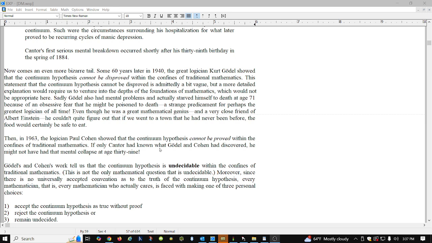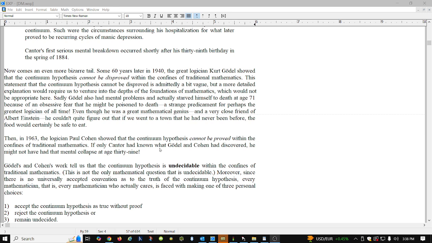The thing is, there's no universally accepted convention as to the truth of the continuum hypothesis. It's not like the mathematical community has gotten together and more or less uniformly decided that it should be true or it should be false.